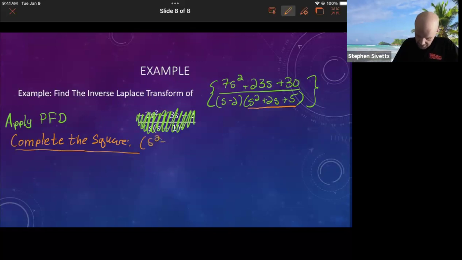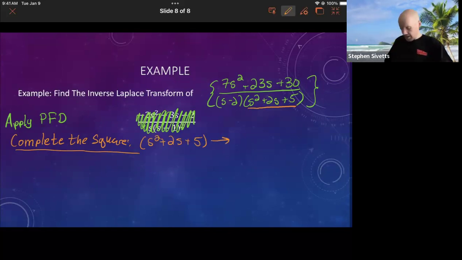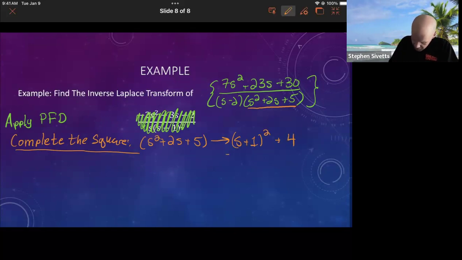And we figured out that this quadratic would be expressed as s plus 1 squared plus 4, okay? And I'm going to write this out as s plus 1 squared plus 2 squared, okay?